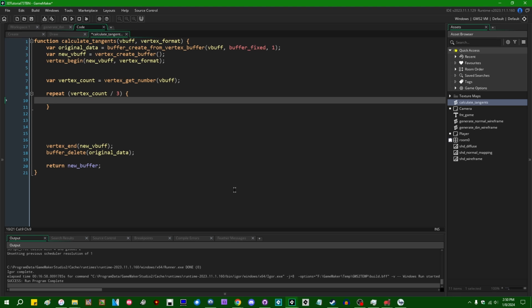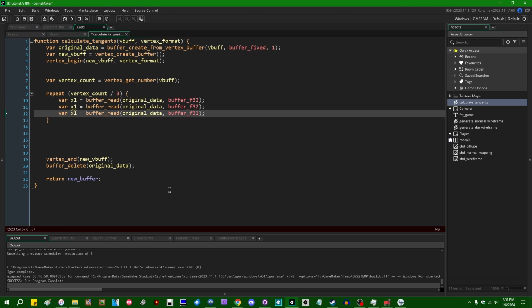And next I'm going to do a little bit of busy work. I'm going to read out all 9 vertex attributes from each vertex, 3 times for each vertex of the triangle. And that's going to be a lot of code that looks like var x1 equals buffer read original data. I'm already regretting using a variable name that's that long. The type can be buffer f32, because most things in a vertex buffer are 32-bit floats.